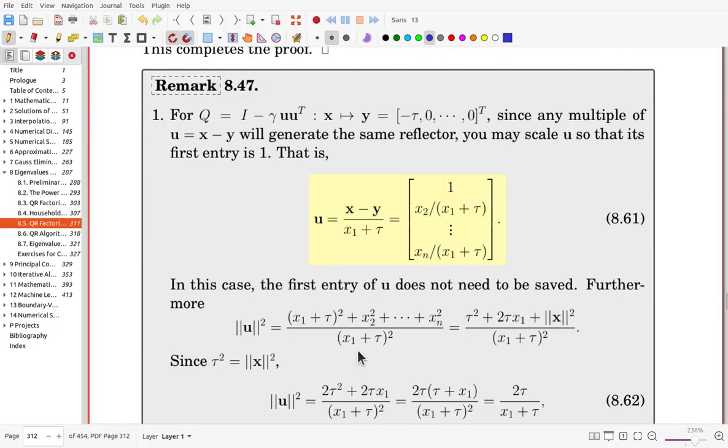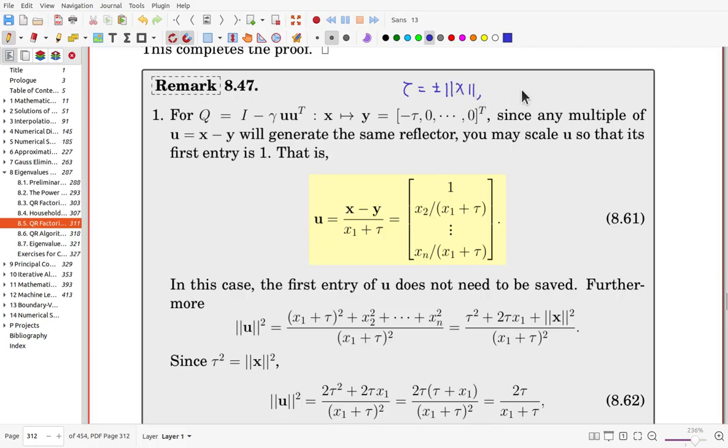We have a remark. Q is identity minus gamma u u transpose, which maps a vector x to y, which is minus tau and zeros, so that tau must be plus or minus the length of x.